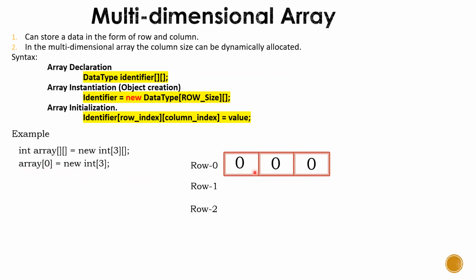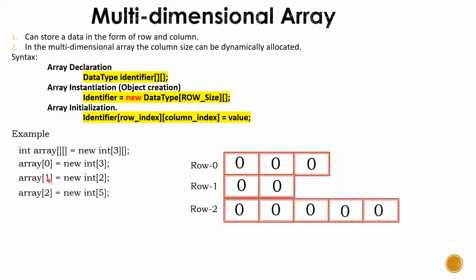So the three columns will be created here, and every value block got initialized with the default value of the int type. Similarly, you can provide the column size for the first row and the second row. If you see the structure now, we have a different number of columns for every row, and that is why this is called a multidimensional array.